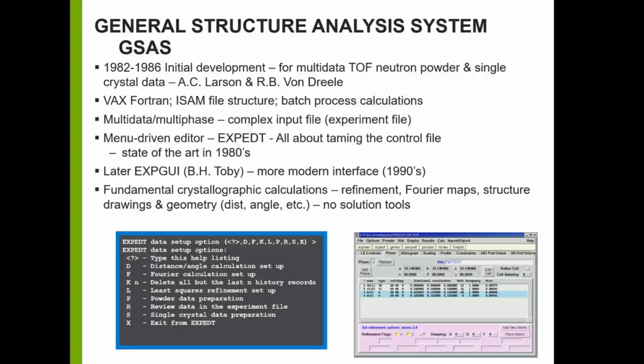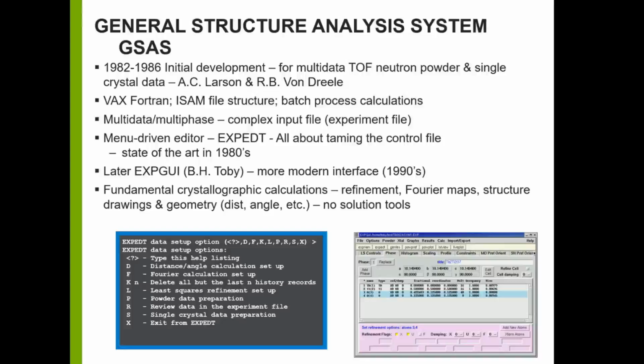We wrote the thing in VAX Fortran because that was the computer at the time. We used something called indexed sequential access method file structure, which means each record in the file had a key and then data and text. And so if you've ever used the old GSAS, you'll see there's something called an experiment file, which contains these records, these so-called ISAM records.